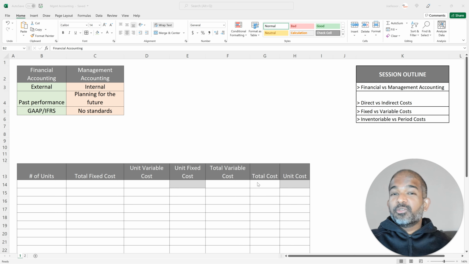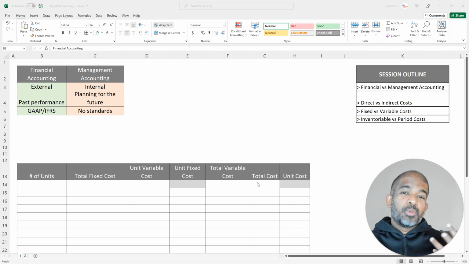Next, we are going to look at what fixed and variable costs are. Fixed costs are costs that do not change regardless of the level of output. So regardless of whether you produce nothing or you produce 100 units of something or 200 units of something, the cost is always going to remain the same. These are fixed costs.